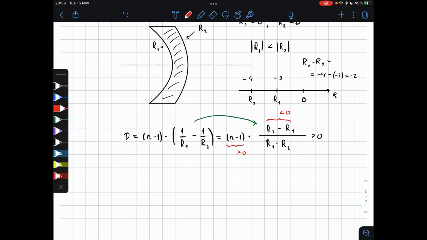R1 multiplied by R2 is a positive number because minus 4 multiplied by minus 2 is 8.